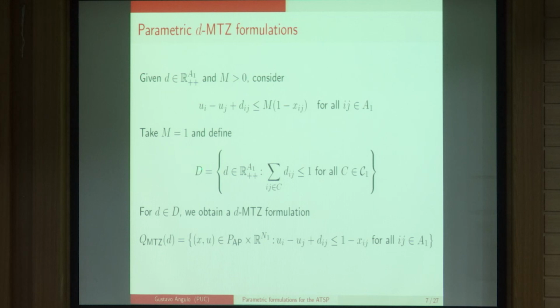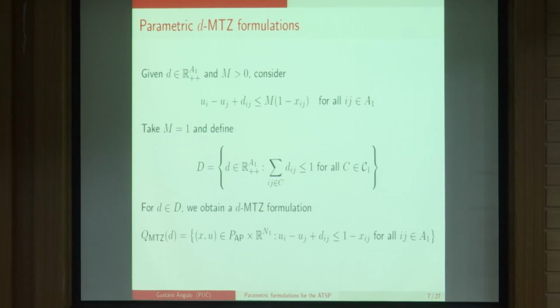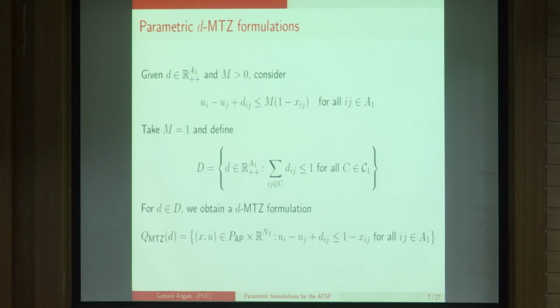So recall this set, and D bar is the closure, which is a polytope. Notice here that this set has an exponential number of inequalities, one for each cycle. We can show that linear optimization over this set is NP hard. Okay, so in general, it will be hard to separate over these inequalities, and also characterizing the vertices or enumerating them will be hard.